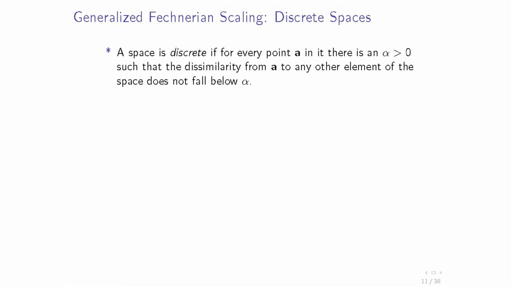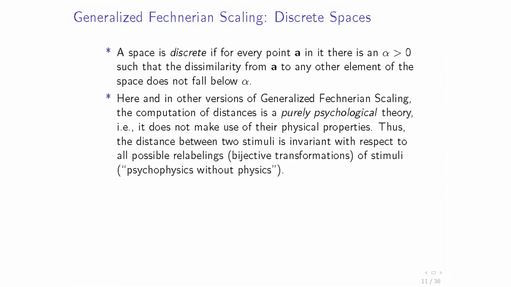Here and in other generalized versions of generalized Fechnerian scaling, the computation of these distances is a purely psychological theory that does not make use of their physical properties. Thus, the distance between two stimuli is invariant with respect to all possible relabelings or bijective transformations of the stimulus set.